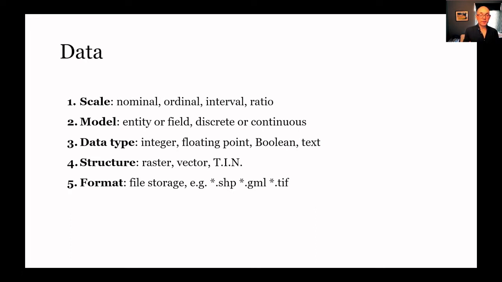We're talking about whether it is integer 1, 2, 3, 4, floating point 0.1, for example. But again, we'll look at this later on. And then there's something called structure, which is quite closely related to model, but not necessarily. There's a strong connection, but it's not absolute.